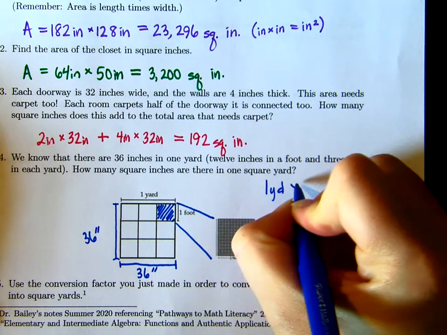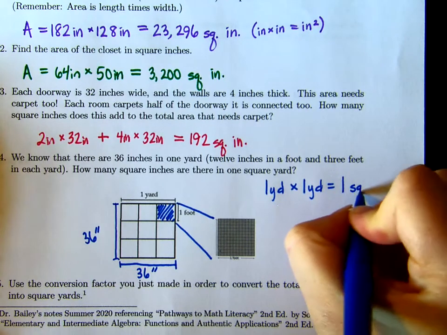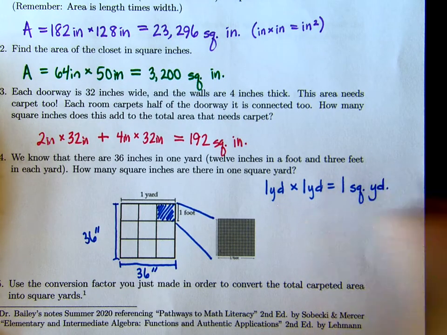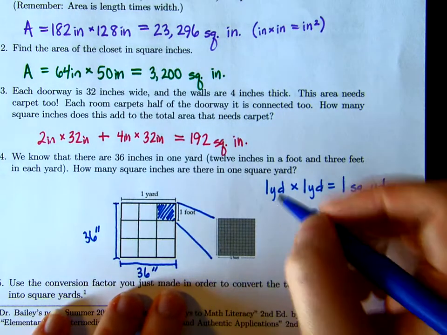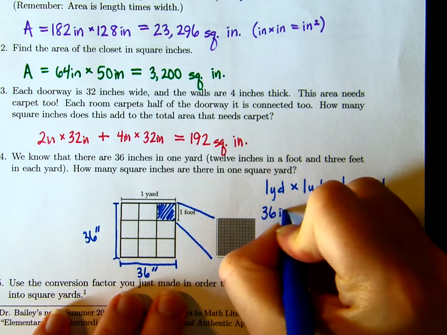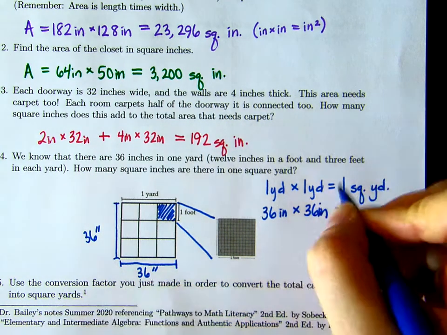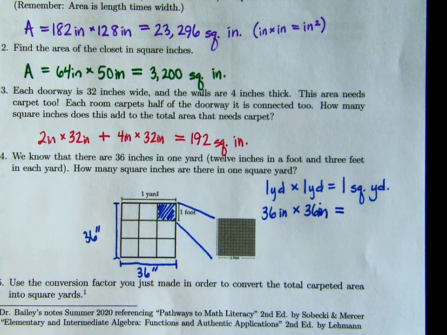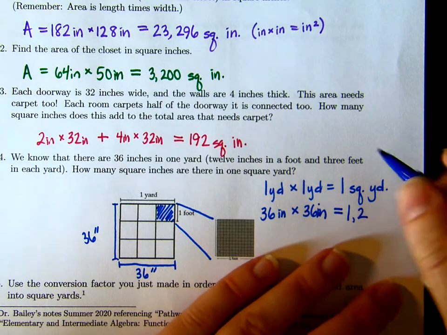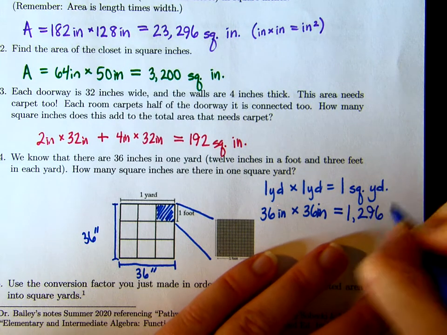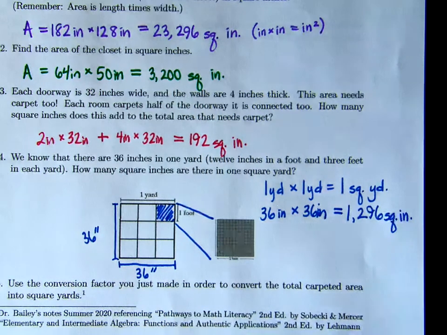1 yard by 1 yard is 1 square yard. But now if we're going inches, we have 36 inches by 36 inches. 36 by 36 is 1,296 square inches.